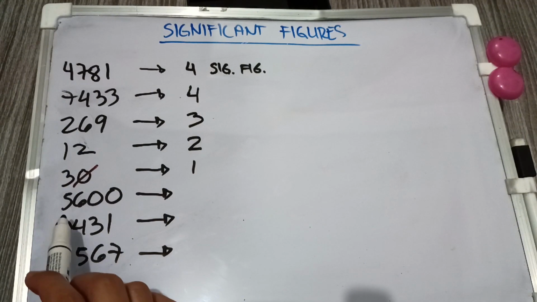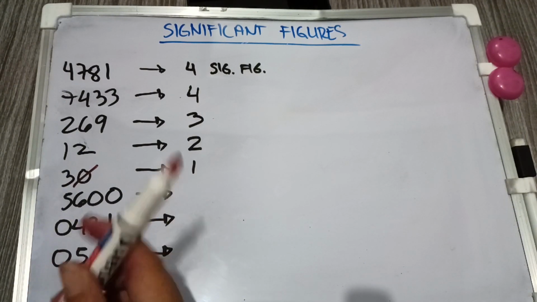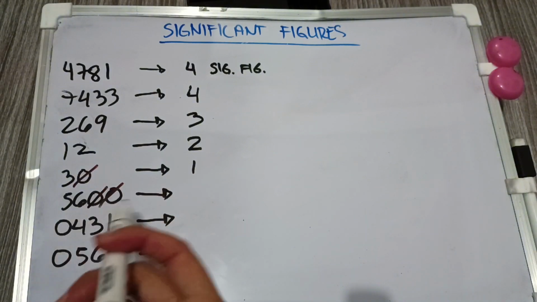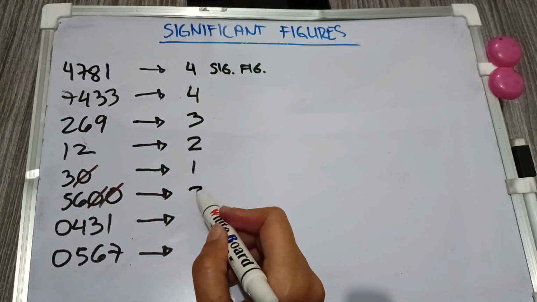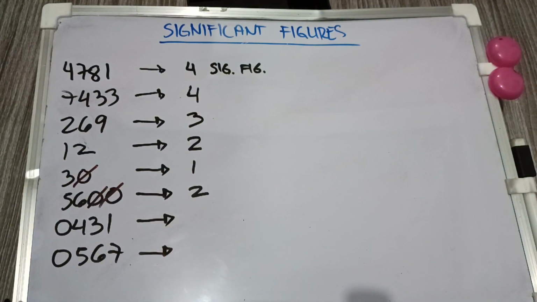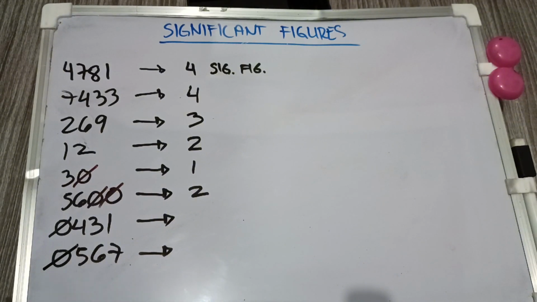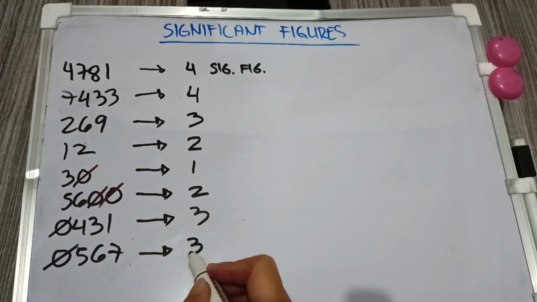In this example, the two zeros are not significant figures, so it only has two sig figs. The 0 on the left side of a significant figure is also not a significant figure. So this will be 3 and 3.